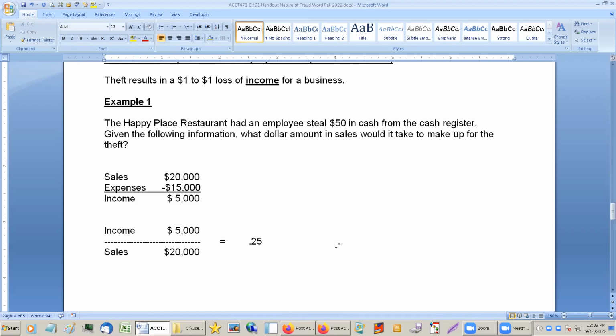The next thing is to take the theft and divide it by our ratio here.